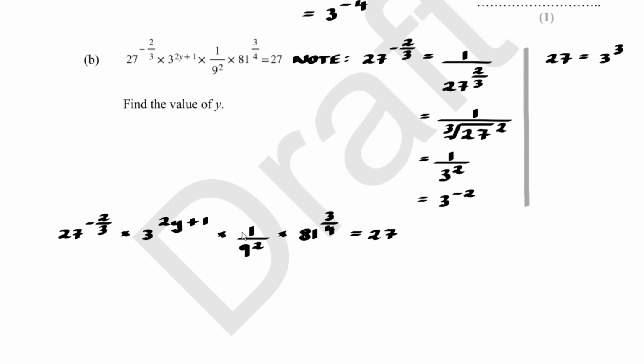And using the results we've found, what we have is 3 to the negative 2 multiplied by 3 to the 2y plus 1 multiplied by 3 to the negative 4, so that's using the answer to part A, multiplied by 27, again using the answer to part A, and this is equal to 27.